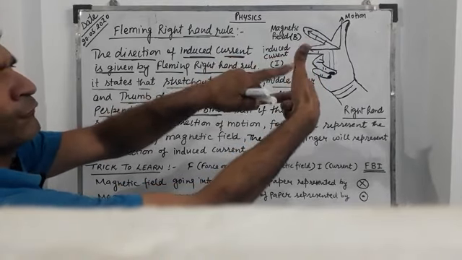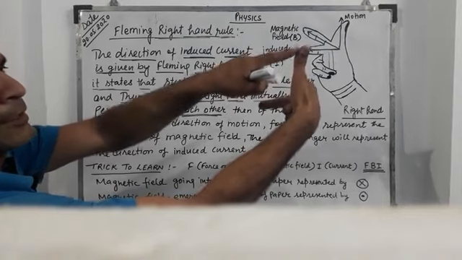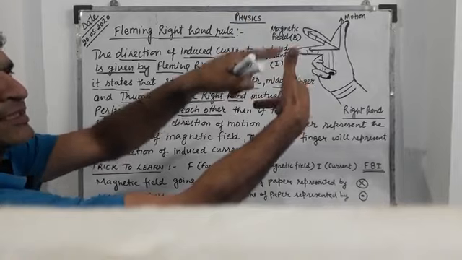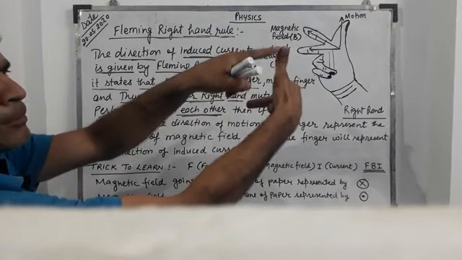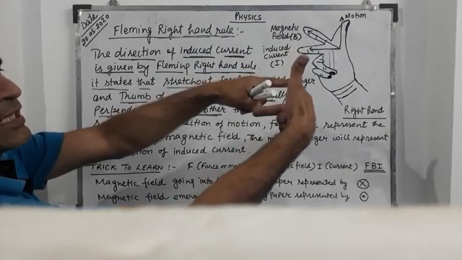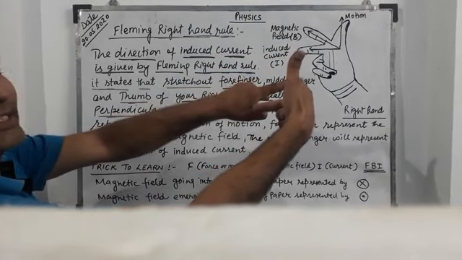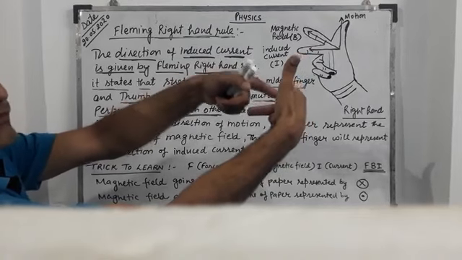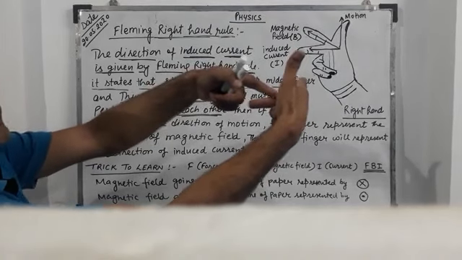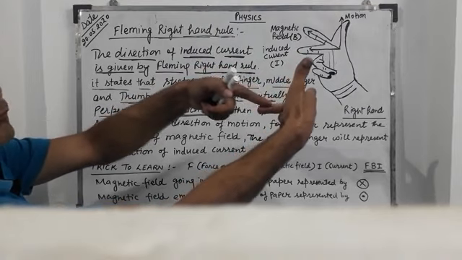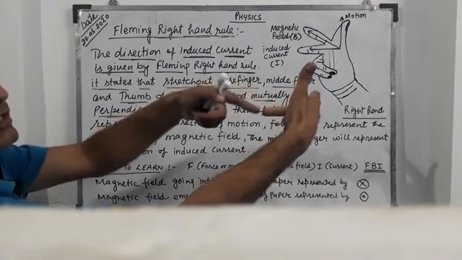If the thumb represents the direction of motion and the forefinger represents the direction of magnetic field, then the middle finger will represent the direction of induced current.